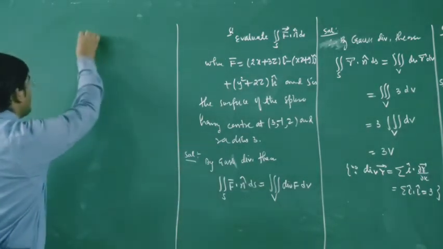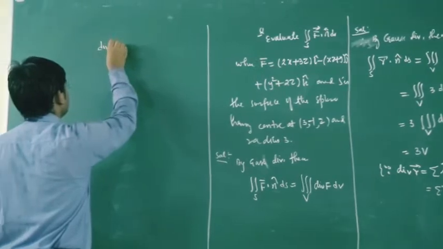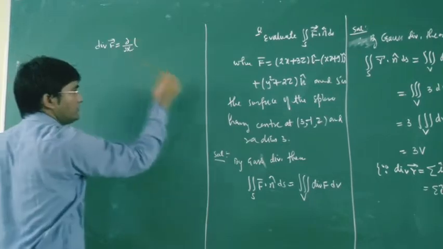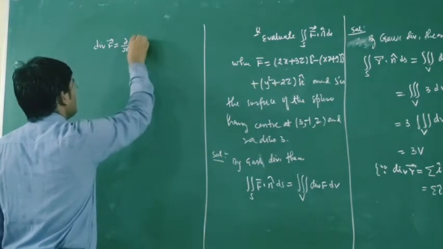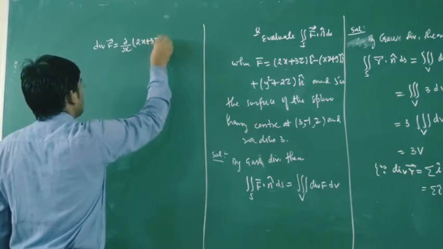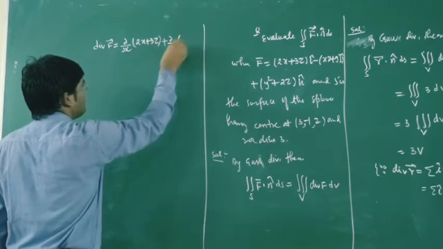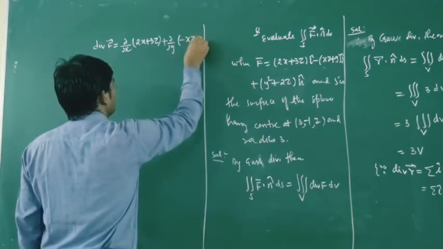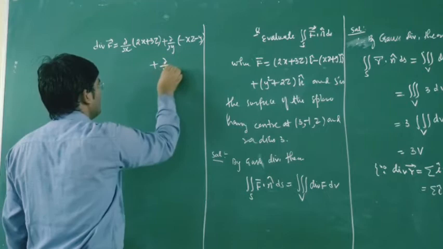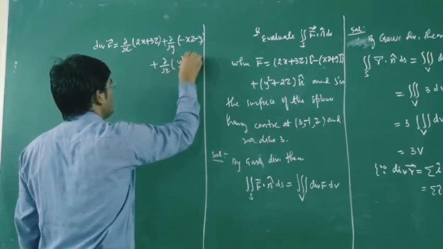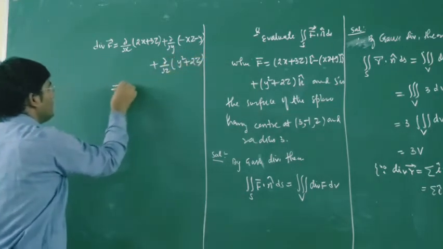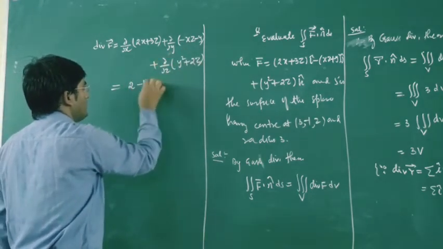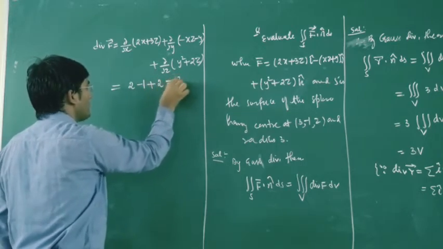So divergence f will be del by del x of the first component of f, which is 2x plus 3z, plus del by del y of the second component, which is minus x and minus y, then del by del z of the third component, which is y square plus 2z. It is equal to 2. Now the differentiation with respect to y will give you minus 1, and differentiation with respect to z is 2, so this is your 3.